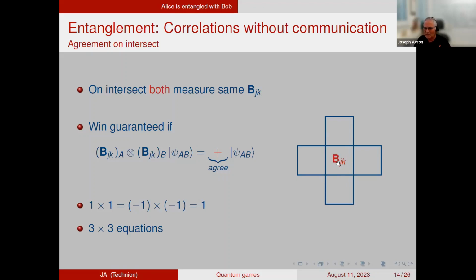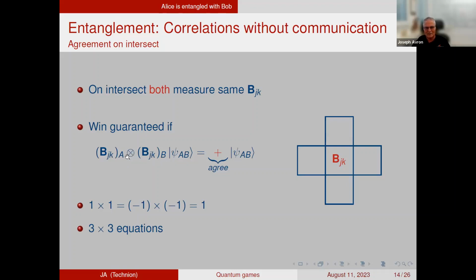Now remember that B_JK is a binary observable. So the result of the measurement is either +1 or -1. So we want Alice and Bob to prepare a quantum state of 4 qubits which is an eigenstate of the measurement B_JK for Alice and the same measurement B_JK for Bob with eigenvalue 1.